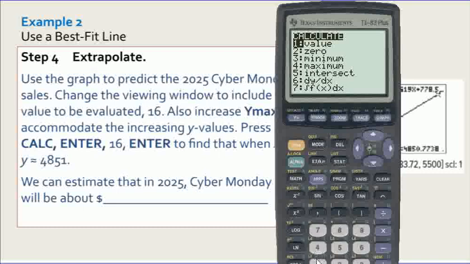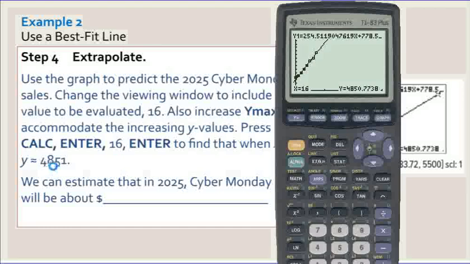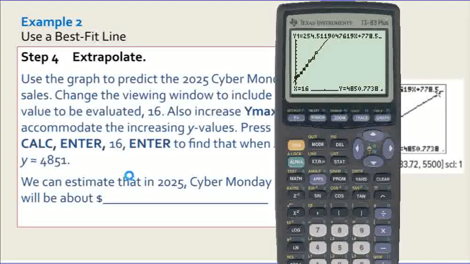So number 1, when X is 16, we want to find out what Y is. That would give us 4,850.77. So that's how you get the 4,851. We're going to do that same thing, but we need to find out the amount in 2025.